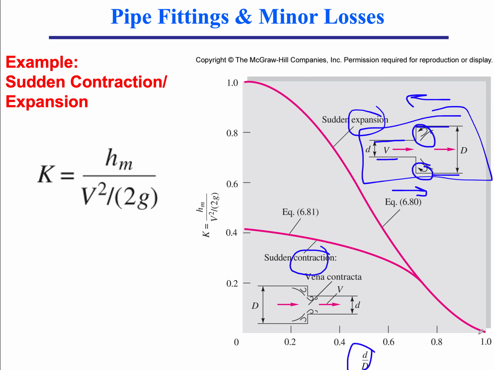When it's 1, you don't have any friction because there's no sudden expansion. And the larger the ratio, larger or smaller, but here it's d over D depending on which one you're talking about, the farther away from 1 the ratio is, your friction is actually increasing higher and higher.